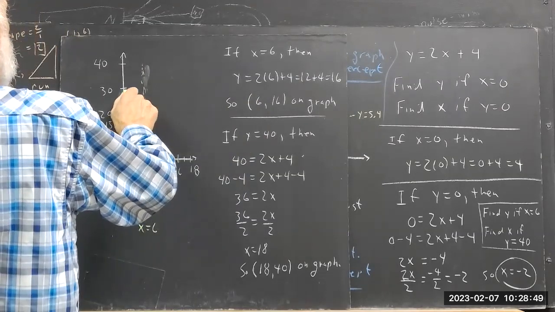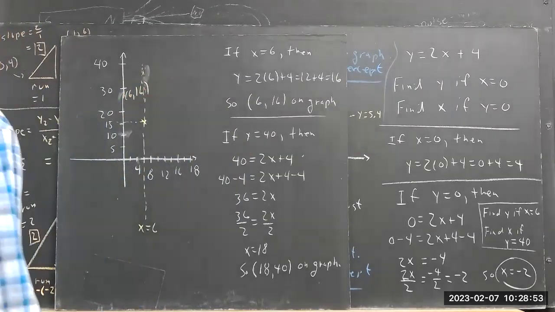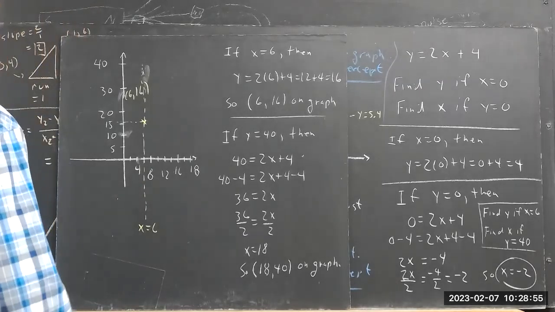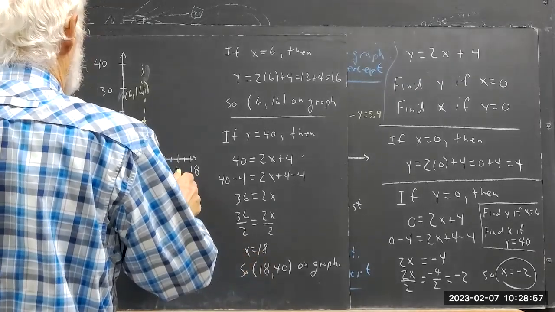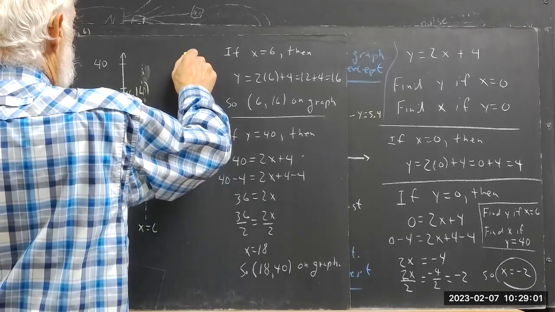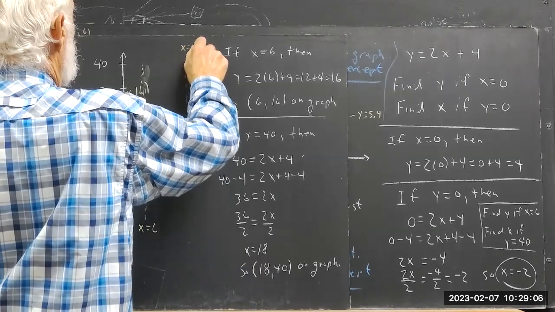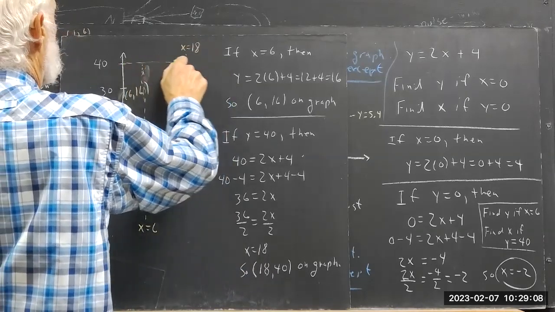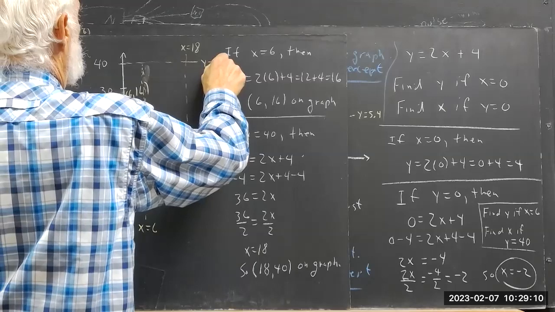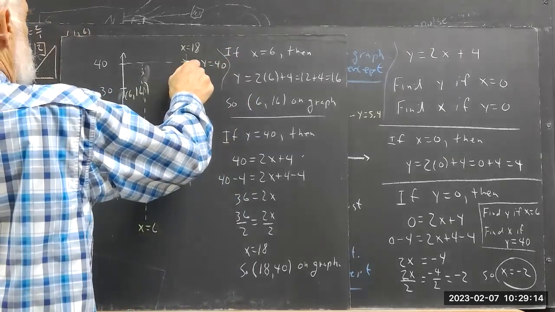So here's the point 6, 16. The point 18, 40. Here's 18. Here's x equals 18. And here's y equals 40. And here's this point.